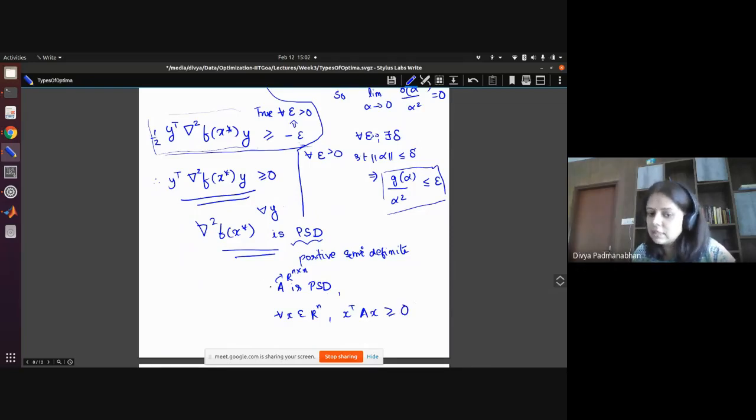This is a characterization of positive semi-definite matrices, and there are many characterizations. One is that all the eigenvalues are greater than or equal to 0.